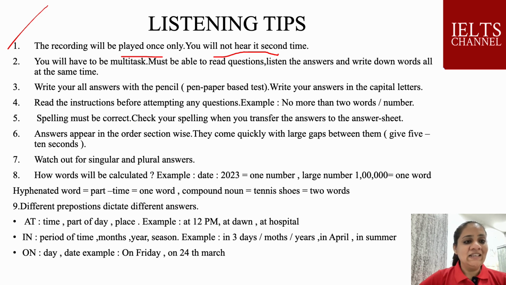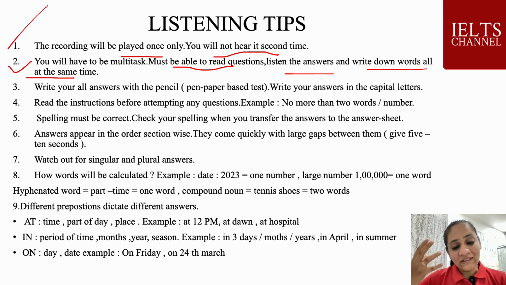Now let's see tip number 2. You will have to multitask. You must be able to read the question, listen to the answer, and write down the words all at the same time. You have to listen to the audio tracks, see the questions, and apply the approach and strategies.